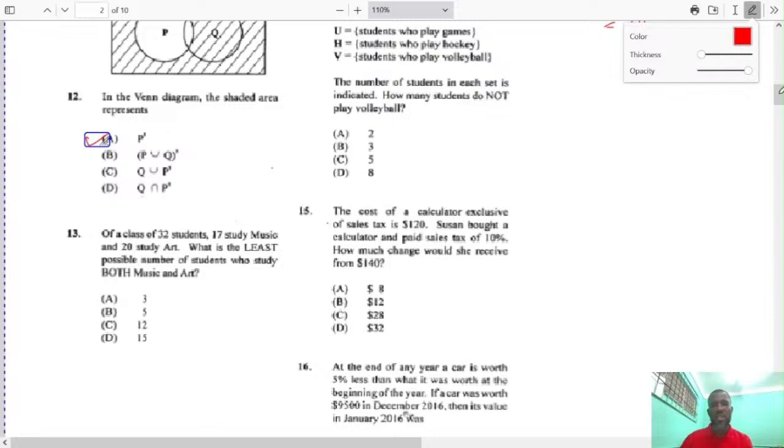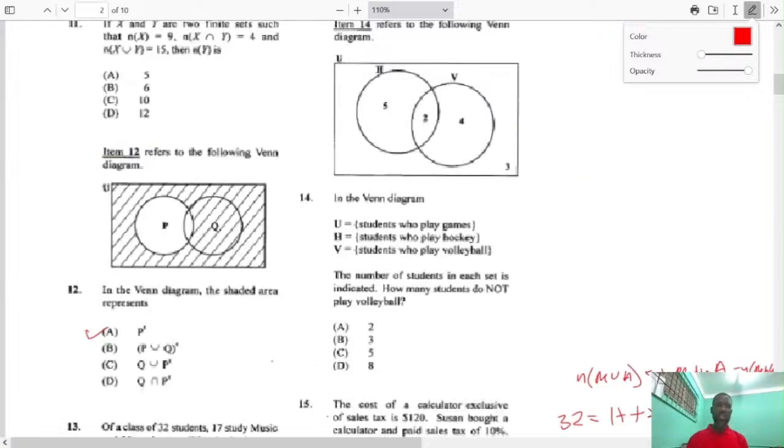So the number in art, number in M, it becomes 5 plus those that are in H only, plus those who do not play either sport. So 5 plus 3 will give us 8. So therefore, our answer here is 8, which is equal to D.